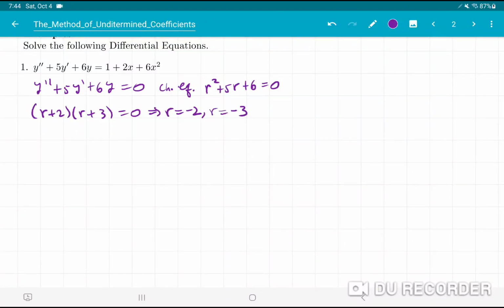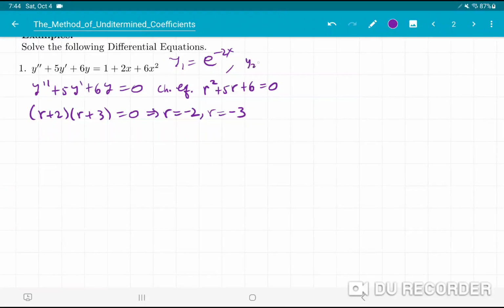So we have two solutions to this homogeneous system. One is e to the power of minus 2x, and the other one is e to the power of minus 3x.